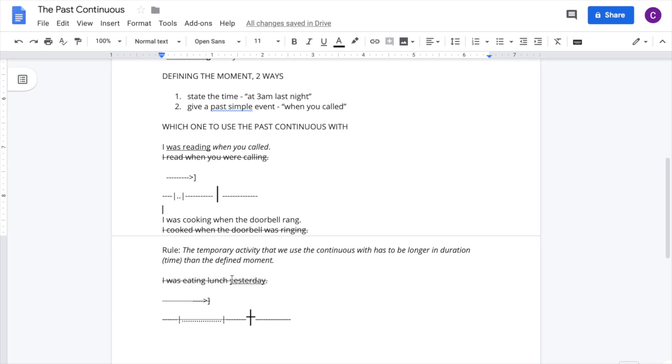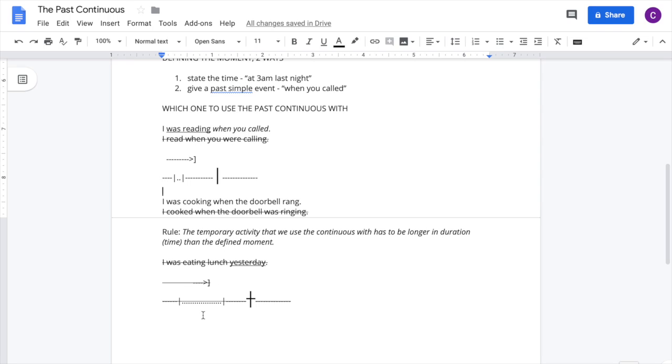"The doorbell rang." That's kind of exactly one moment. A better example, let's look at it down here. It'd be something like, "I worked as the parade was passing by."